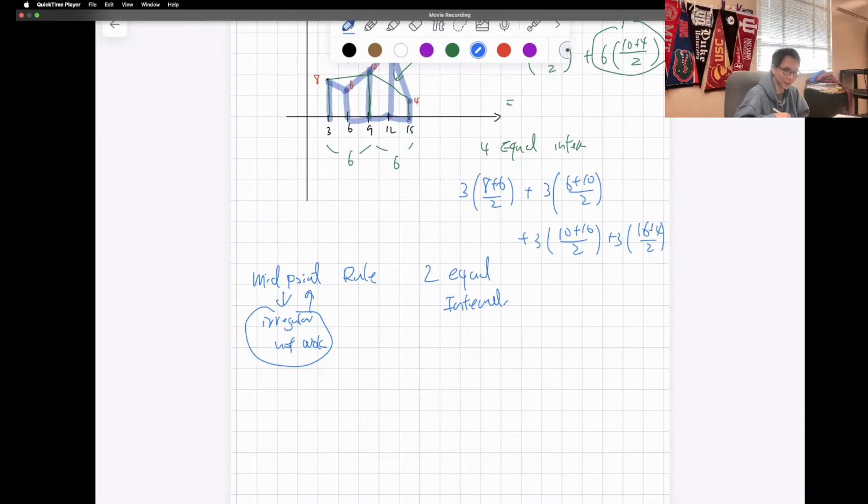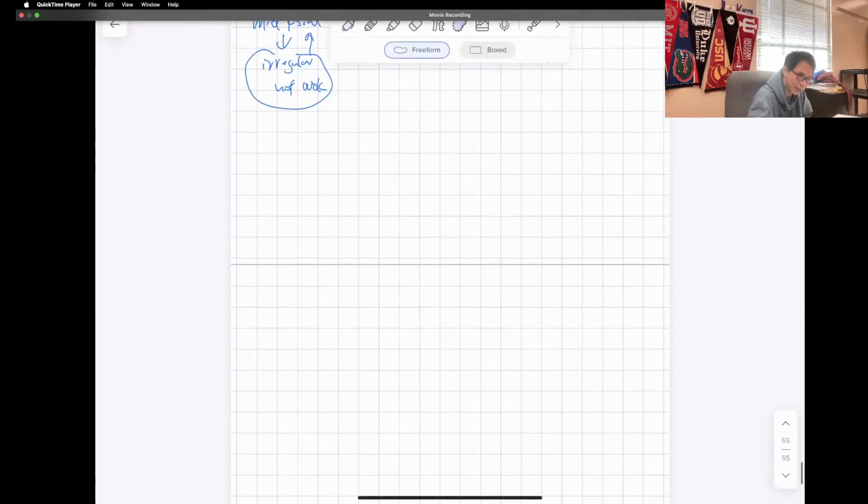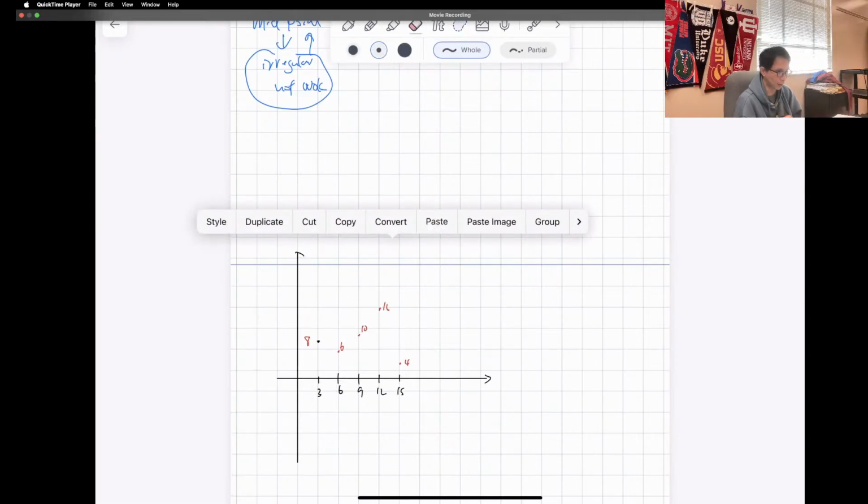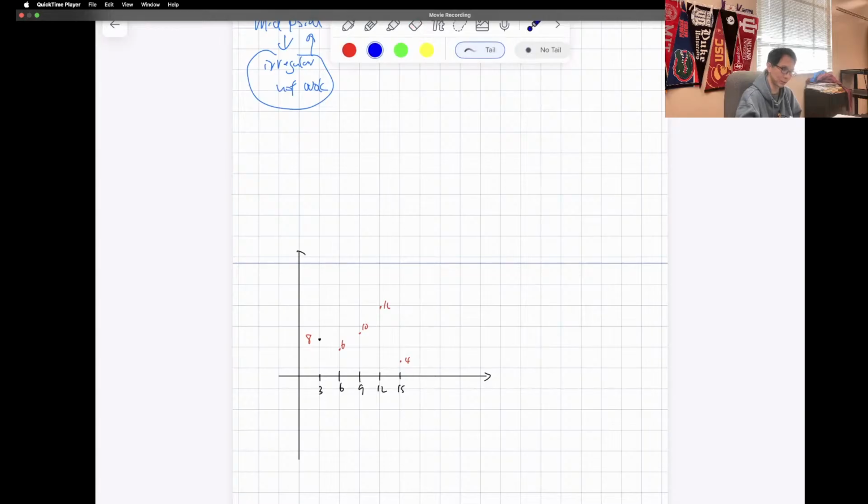What do I mean by that? Imagine I have a few points and I can only use the midpoint. There's only 3, 9, and 15, right, if I do 2 intervals.